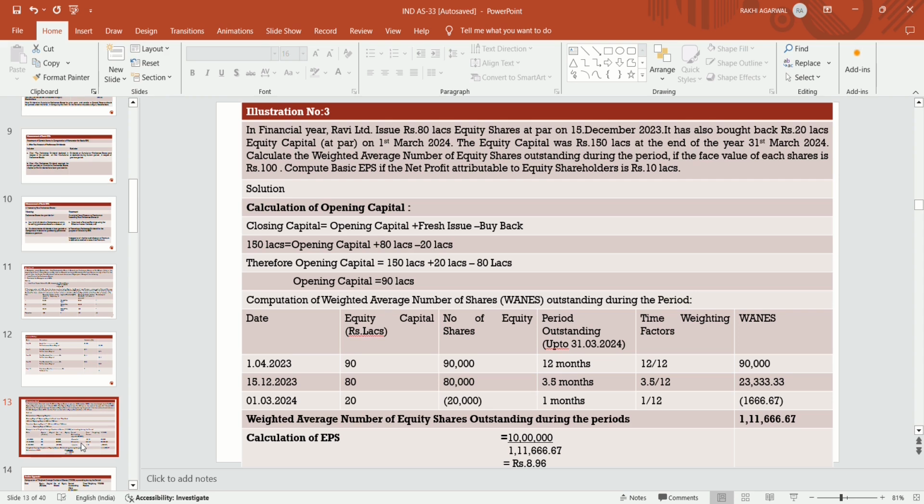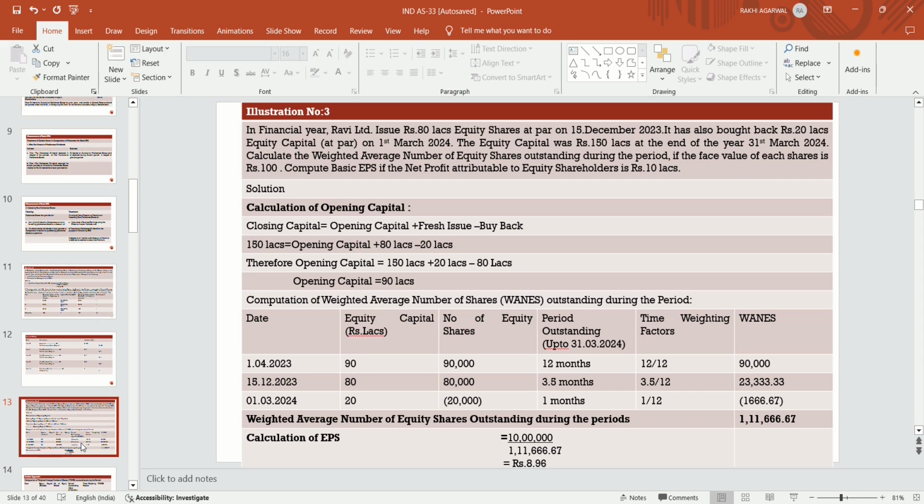In this question, everything is mentioned: on 15 December 2023, the company issued these 80 lakh equity shares, and the face value of each share is 100. So you can calculate, that is 80,000 shares during the year.